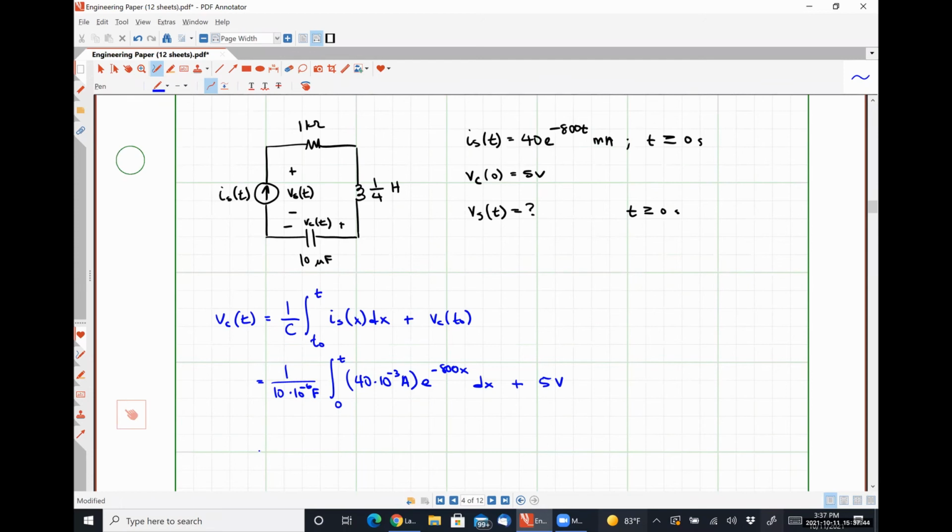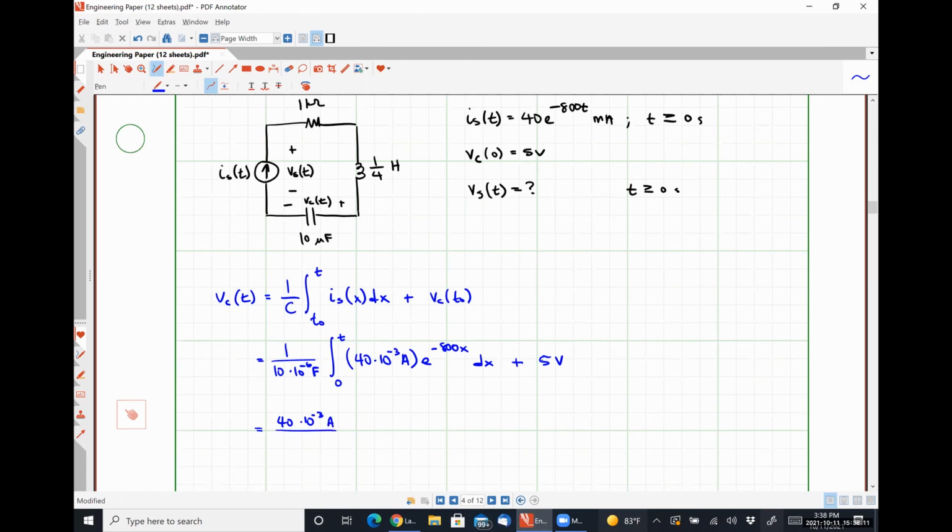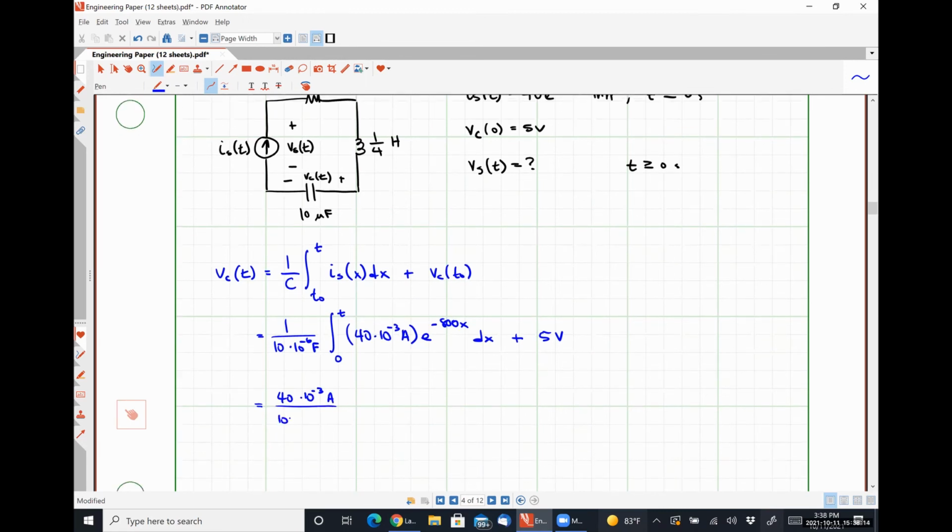So what happens? Let's start with something pretty easy. I can move that 40 times 10 to the minus 3 outside of my integral because it's a constant. Everybody okay with that? So 40 times 10 to the minus 3 amps divided by 10 times 10 to the minus 6 farads.